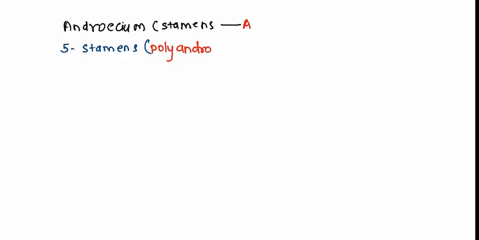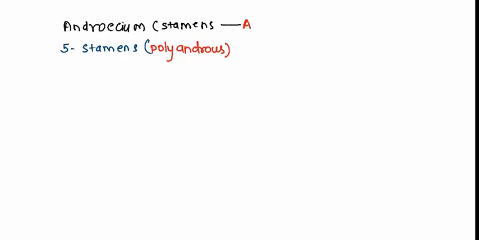It is also called stamens, and it is represented by the letter capital A. If the number of stamens is 5, the condition is also called polyandrous.